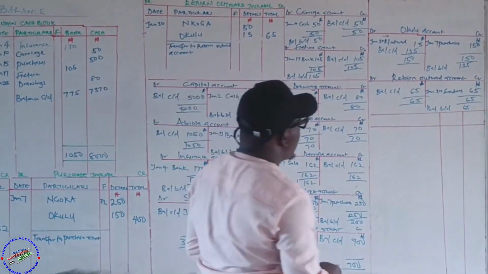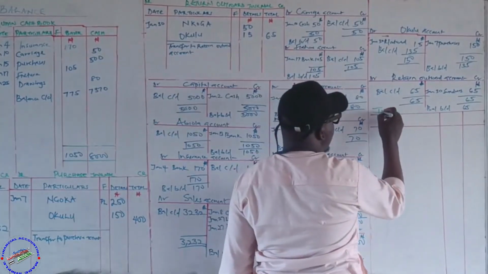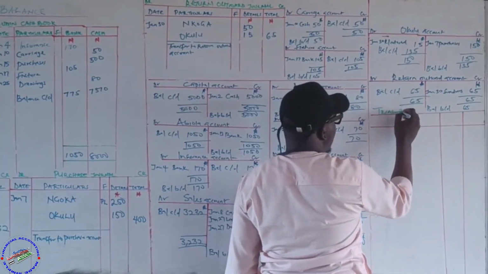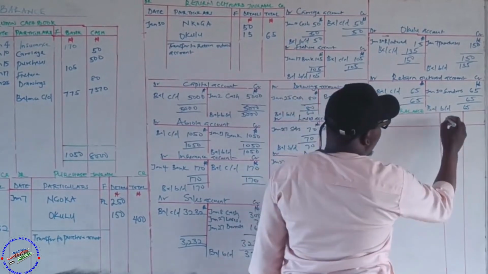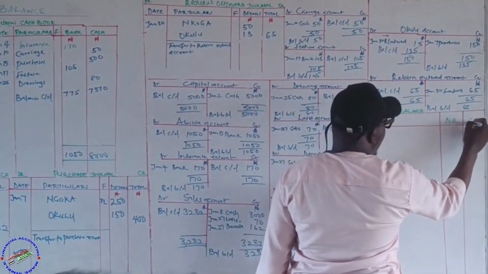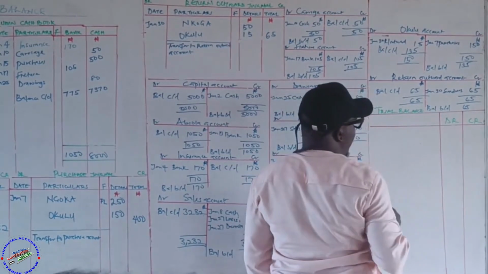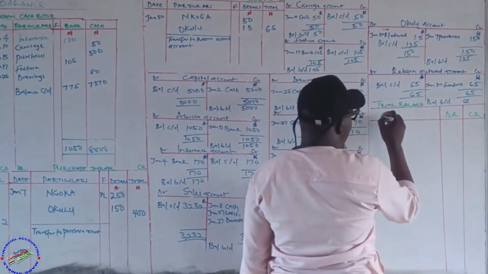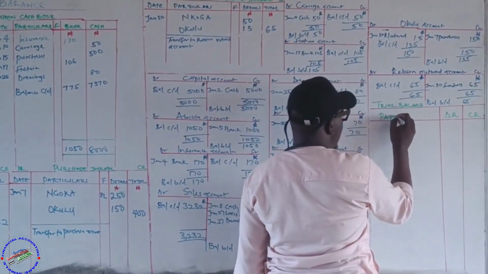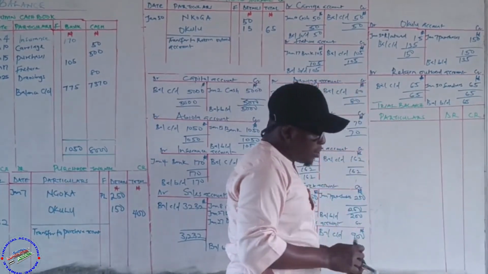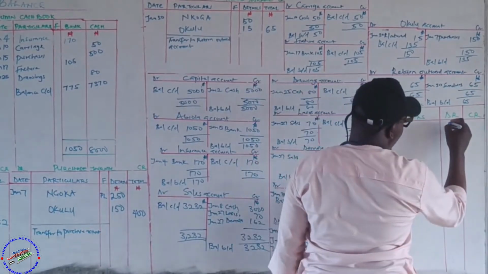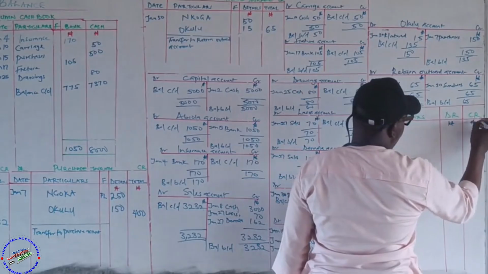So this is my trial balance. I have my debits and my credits, and I have my particulars. So I will have my Naira and Kobo columns.